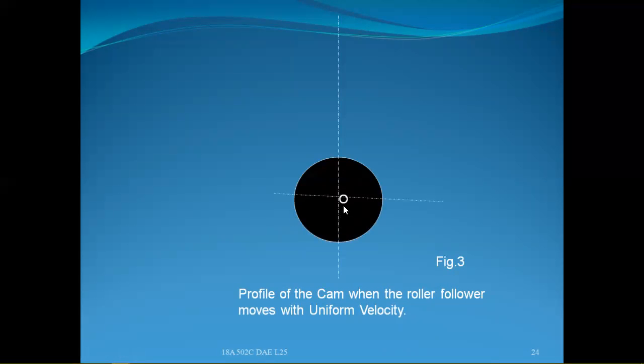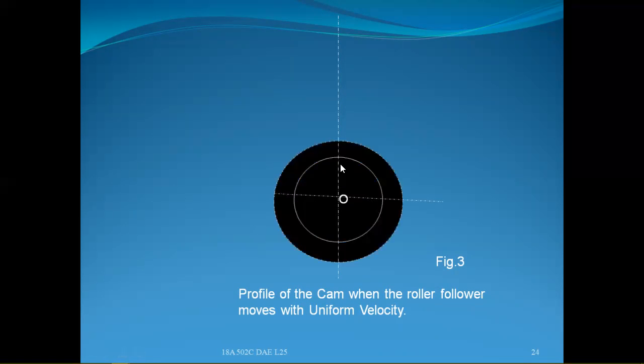So mark point O as the center of the cam and draw a circle with the given diameter of the base circle, the minimum radius of the cam. And from here, add the roller diameter as it is, that means this will be the base circle.